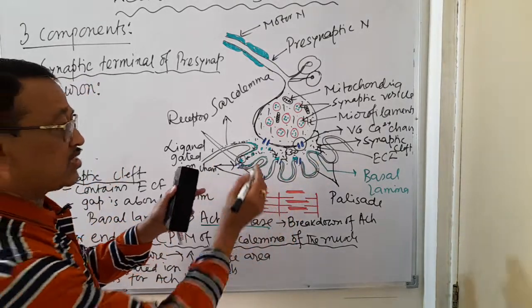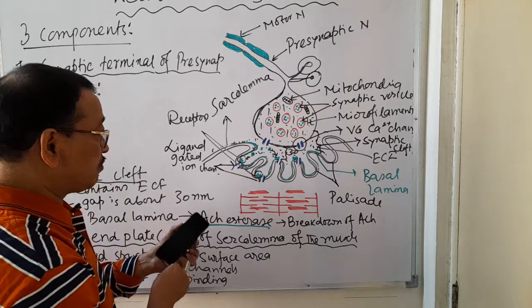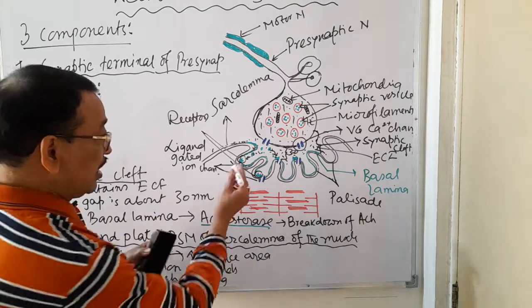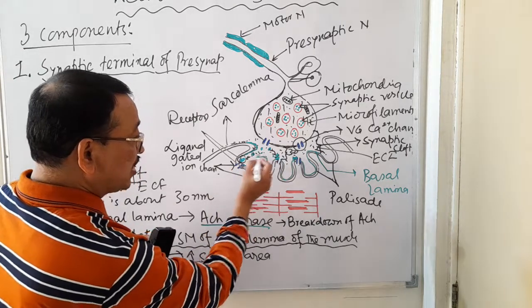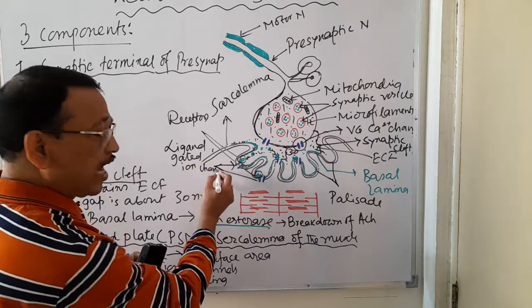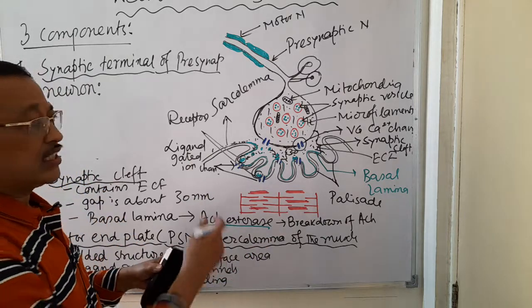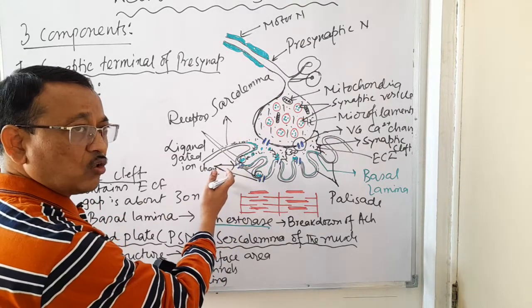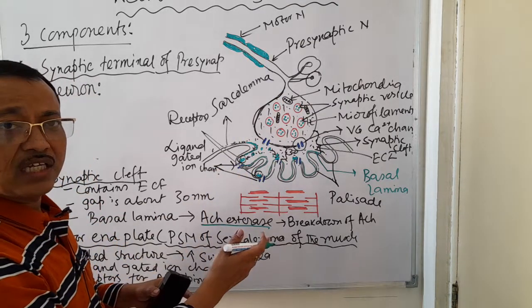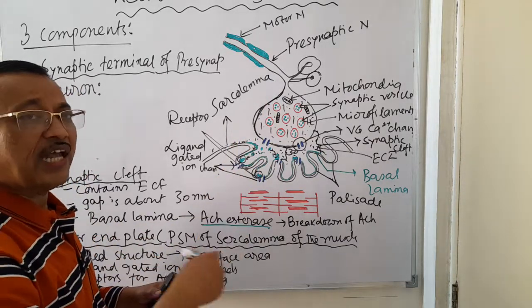So once the acetylcholine binds with the receptor, then only these ligand gated ion channels open or close, and thereby the signal is passed from this neuron to the sarcolemma of the muscle. And the details of this transmission process I will discuss in another video.